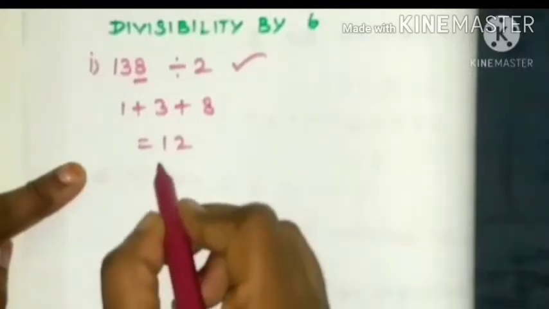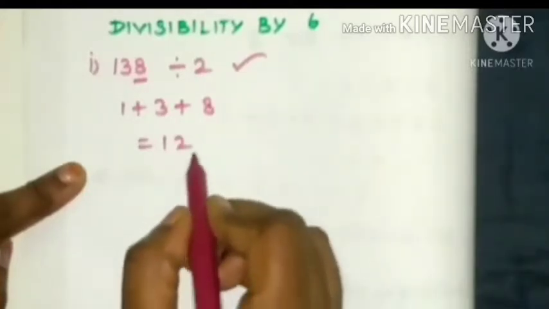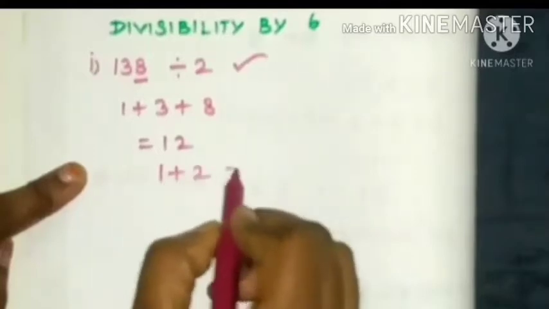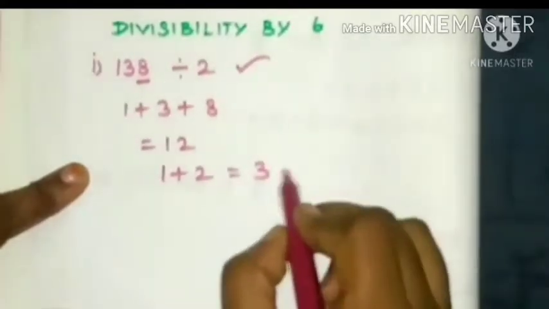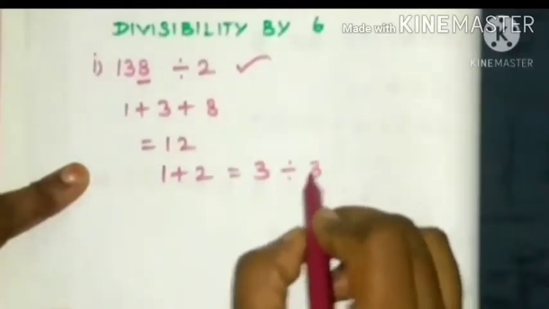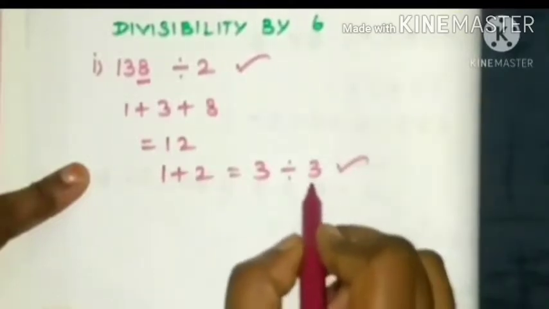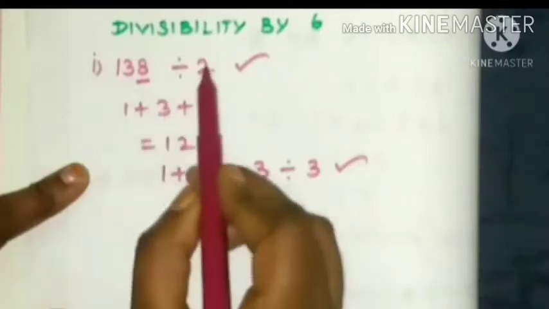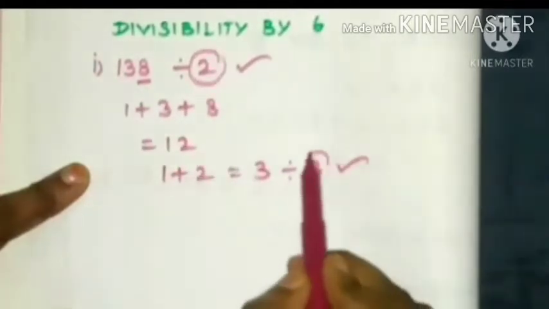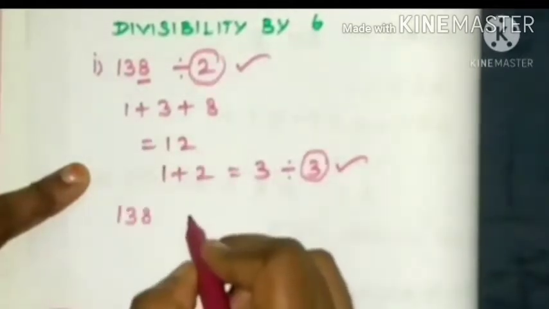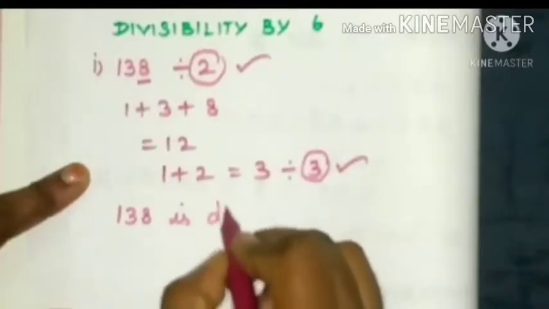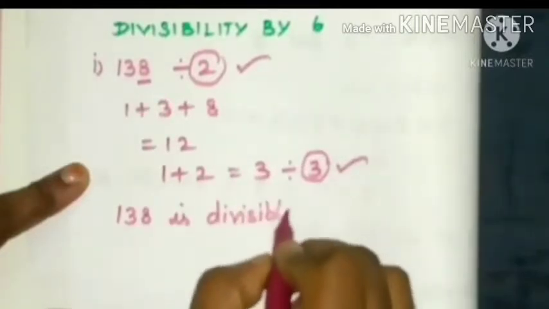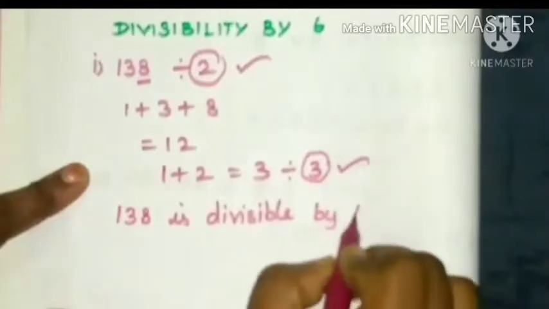And then you have to find the sum of the digits for 12. 1 plus 2 is equal to 3. 3 is divisible by 3. So, the number 138 is divisible by both 2 and 3. So, the number 138 is divisible by 6.